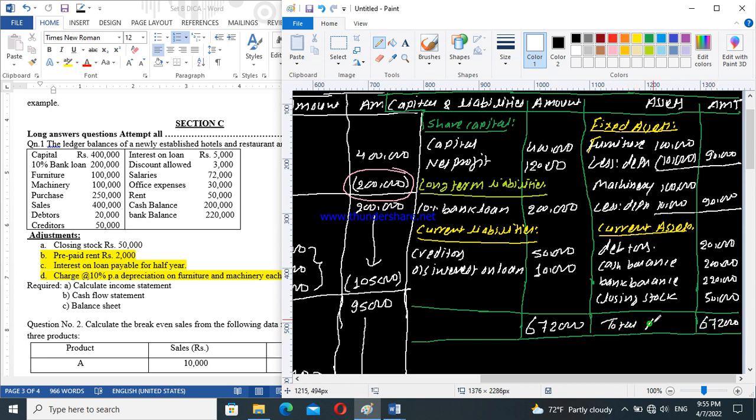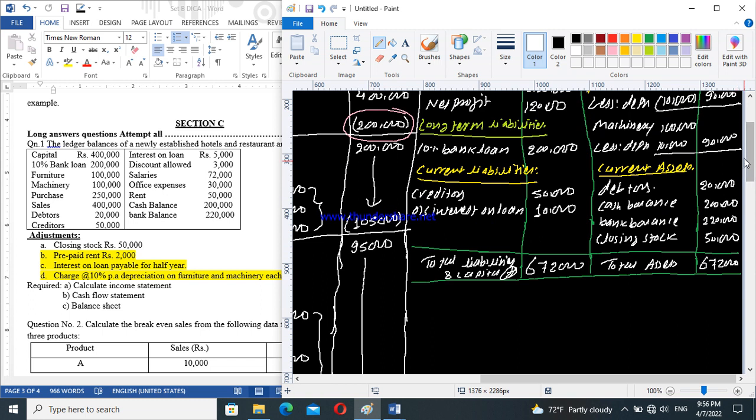Total assets, total liabilities and capital. Okay, this part is completed. Now move on to the next part.